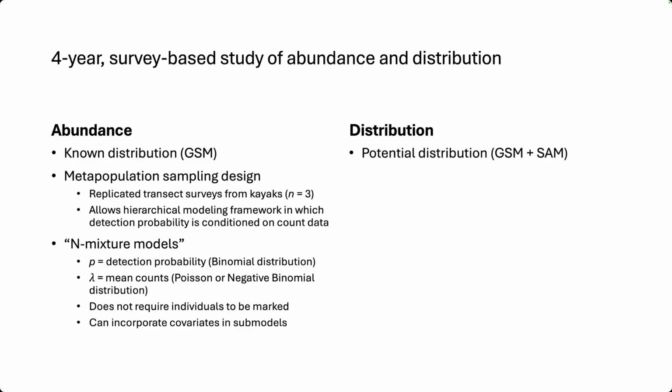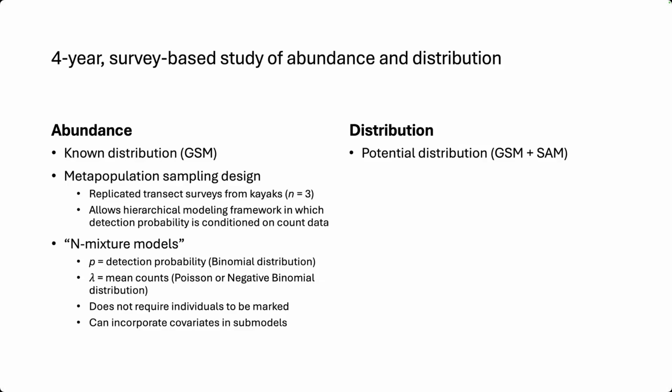And so we used N-mixture models to evaluate abundance, using a metapopulation sampling design over the known distribution of the species, which is the GSM, or what I'm calling the Guadalupe-San Marcos drainage. When we move over to distribution, we're going to expand our study area to look at the entire drainage, including the Guadalupe-San Marcos, as well as the San Antonio-Medina drainage.